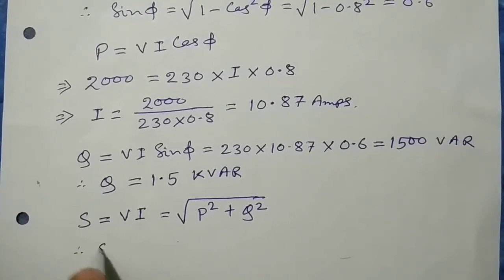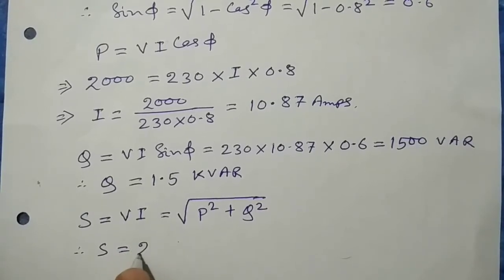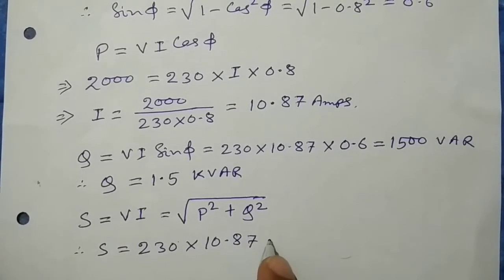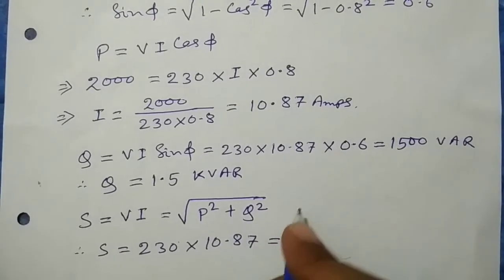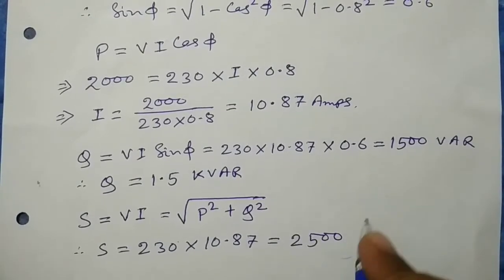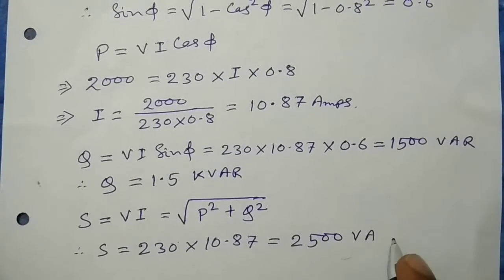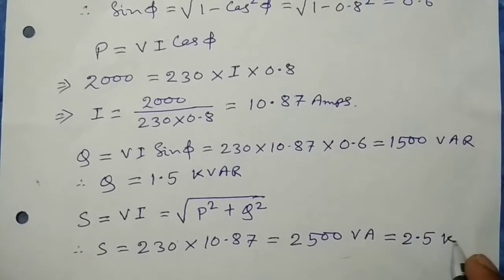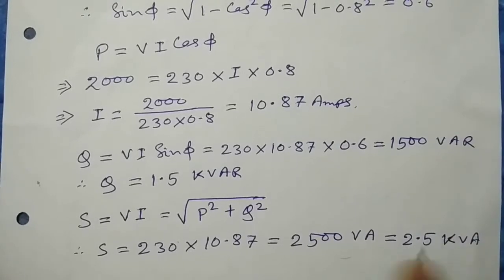Now if we use V into I, so V here is 230 and the current is 10.87. So finally the S apparent power will be 2500 VA, or we can write 2.5 kVA. That is the apparent power.